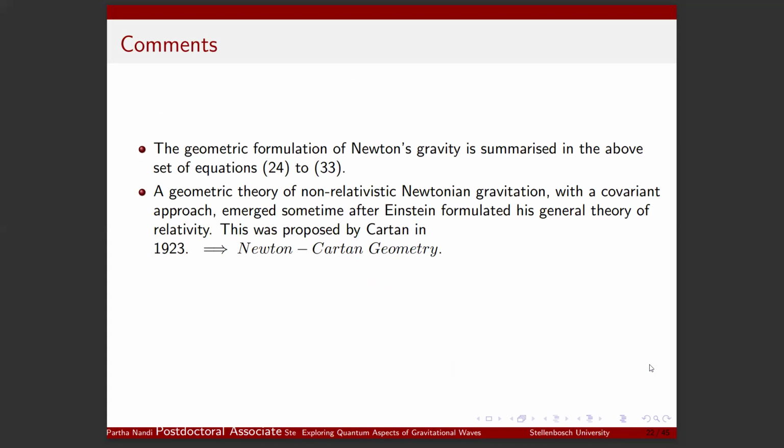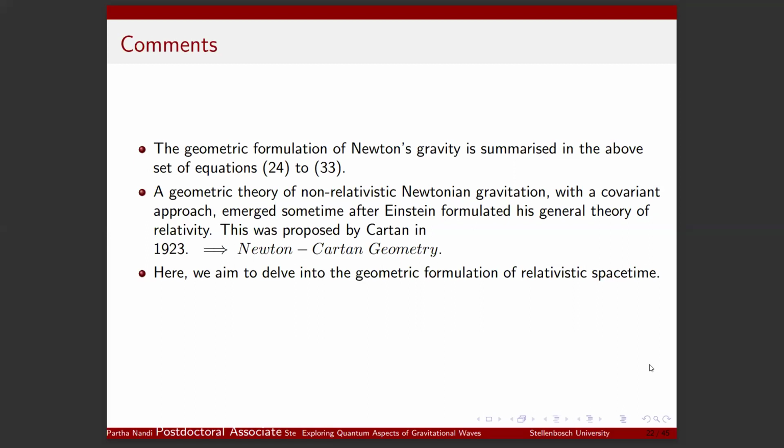Cartan was the first who realized that Newtonian gravity also can be formulated in the language of geometry. In our last lecture, we have seen that classical mechanics also can be realized in terms of geometry. So this concept can be extended to the level of Newtonian gravitation theory.